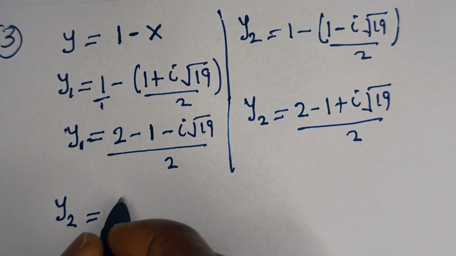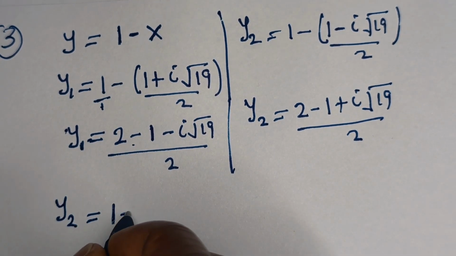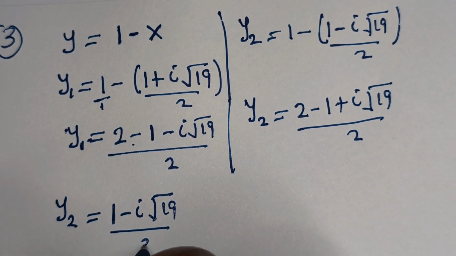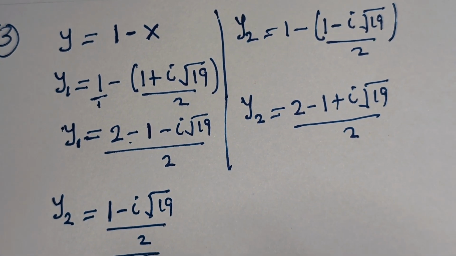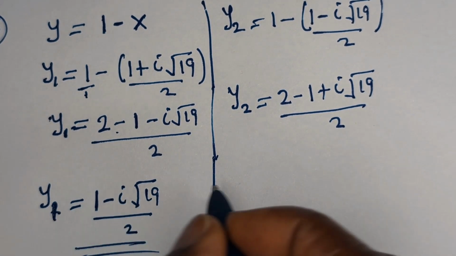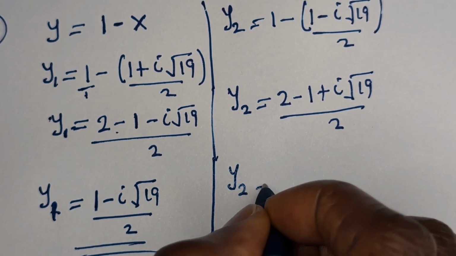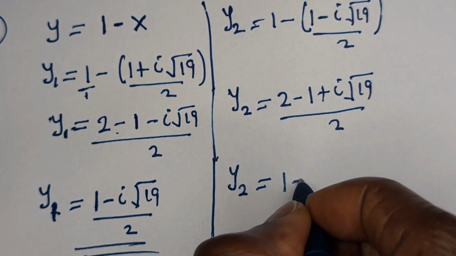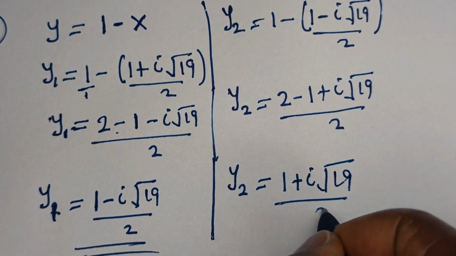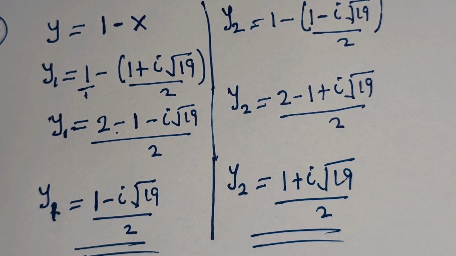So y1 is equal to 2 minus 1, this is 1 minus i root 19 over 2. This is the value of y1, and y2 is equal to 1 plus i root 19 over 2. This is the value of y2.